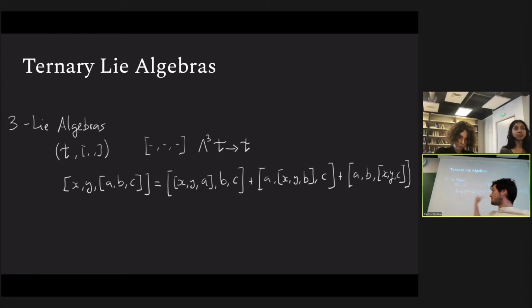It's the identity written here, which might look messy the first time you glance at it, but it's actually very easy to read. You just need to think about the [x,y,-] operator, which is a linear map, obviously. You just need one argument plugged in the 3rd position. And you can observe that the property is basically that the [x,y,-] bracket has a derivation behavior.